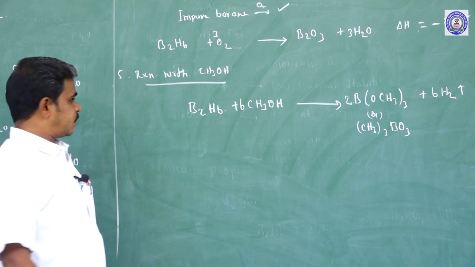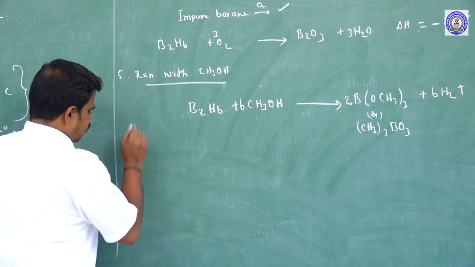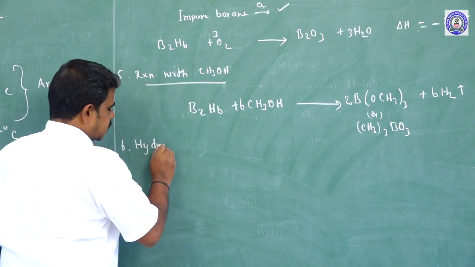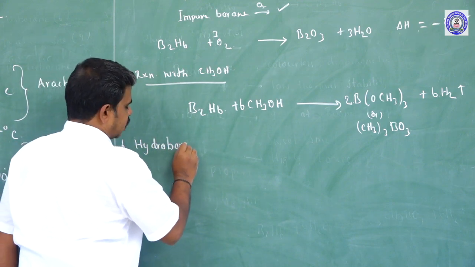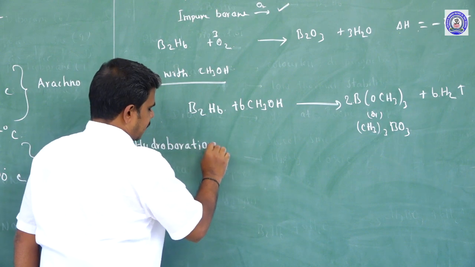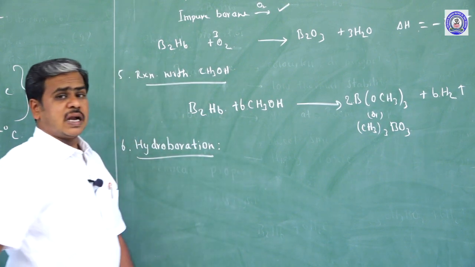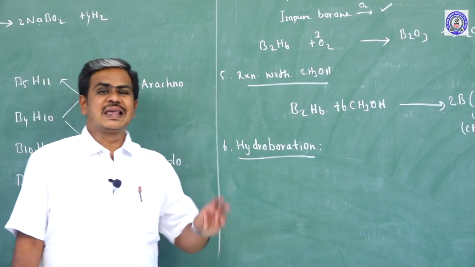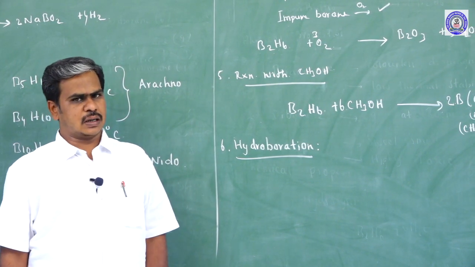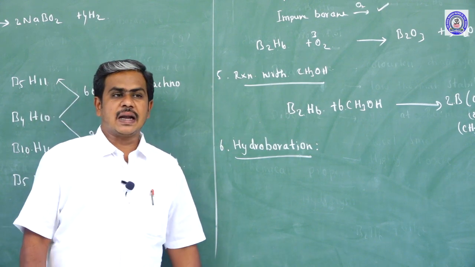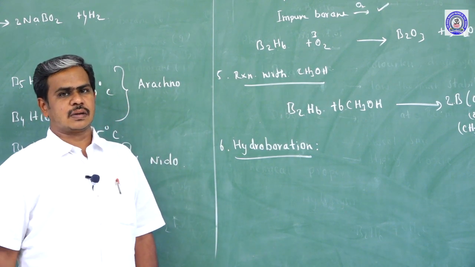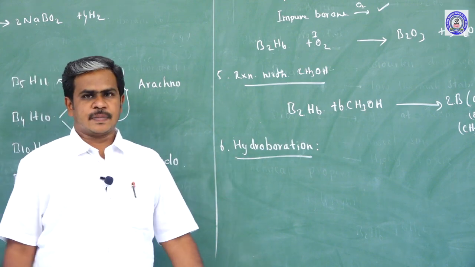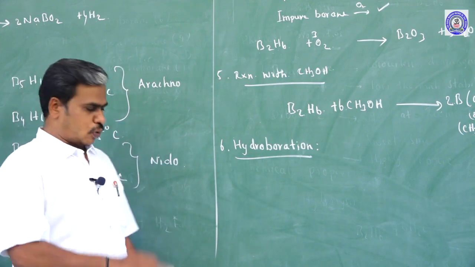Okay. Then the next reaction is very important in organic chemistry: hydroboration. It is an inorganic topic, but it is very important in organic chemistry. When an alkene, carbon-carbon double bond, or an alkyne, carbon-carbon triple bond, is reacted with diborane, it forms trialkyl borane.